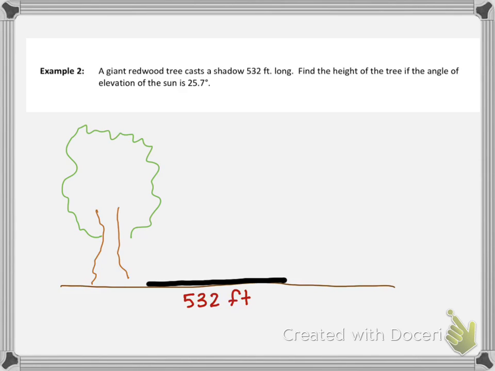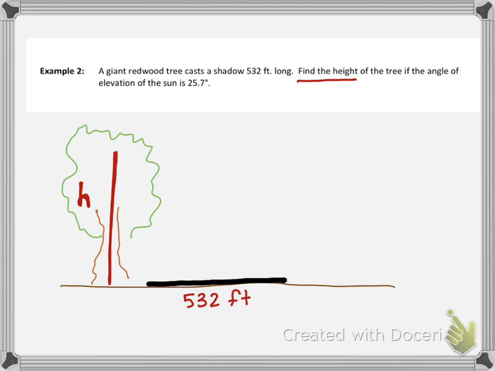They also said that the height of the tree is what we're looking for. Find the height of the tree. So let's create some sort of image that tells us what the height of the tree looks like. Here's the height of the tree. Since that's what we're looking for, we will label it H. So we're looking for H.